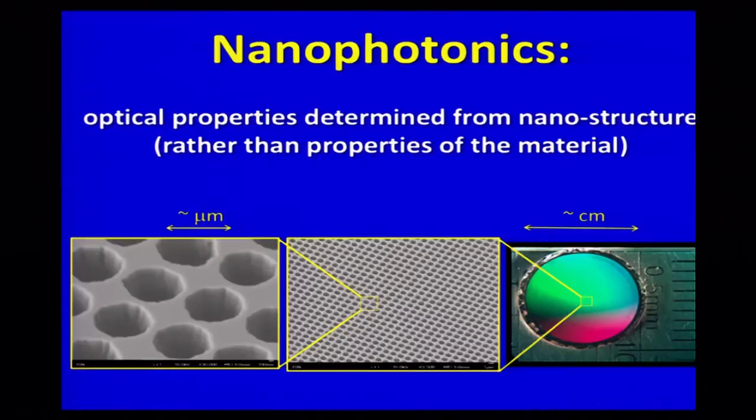Most of our work is in the field of nanophotonics, a subfield of nanotechnology that deals with photons, with light. In nanophotonics, we create artificial materials which are structured at lengths substantially smaller than the wavelength of light. So when light propagates inside of them, it cannot really resolve the structure.